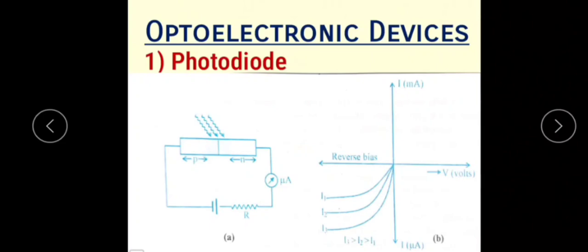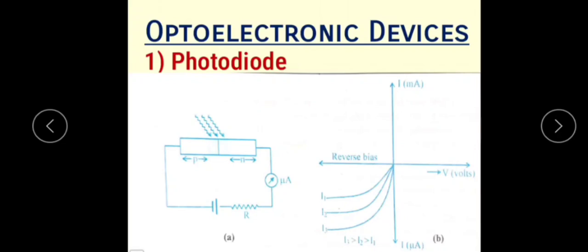Then the photon will excite an electron from the valence band to the conduction band, and an electron hole pair is generated. The electron hole pair generated in the depletion layer or near the junction will be separated by the junction potential difference and made to flow across the junction. As a result, there will be an increase in the reverse saturation current.